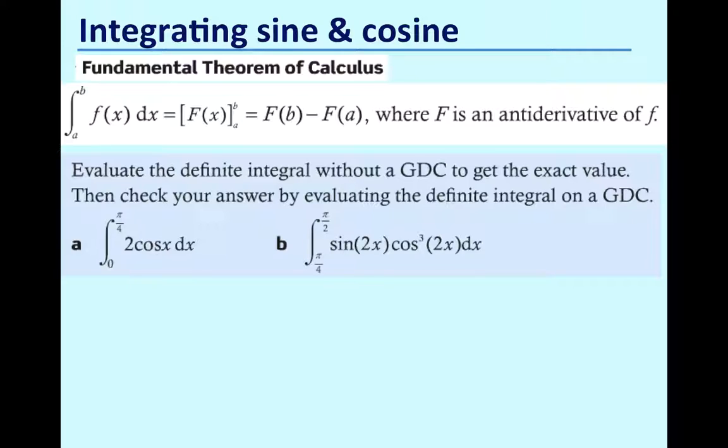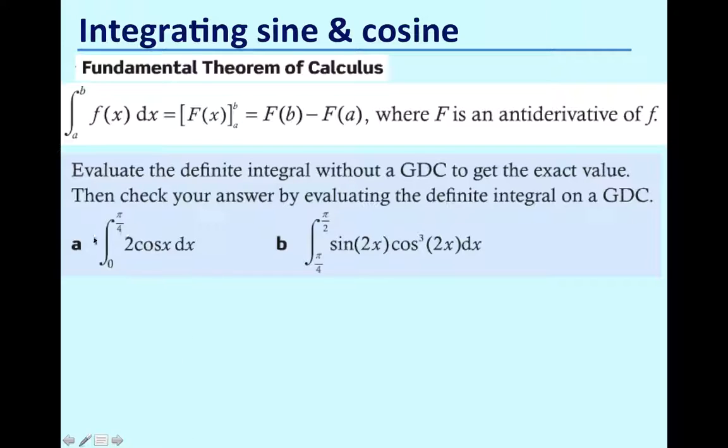Another couple of questions then in terms of finding the exact value. So the fundamental theorem of calculus to, for instance, find the area under a curve. We have been given two functions here. We're asked to find the definite integral without a GDC and then to check this using the GDC.